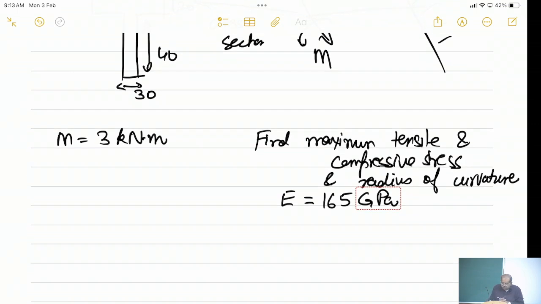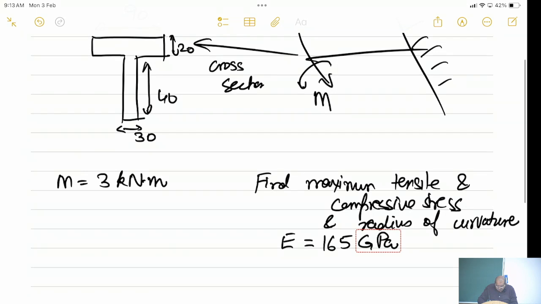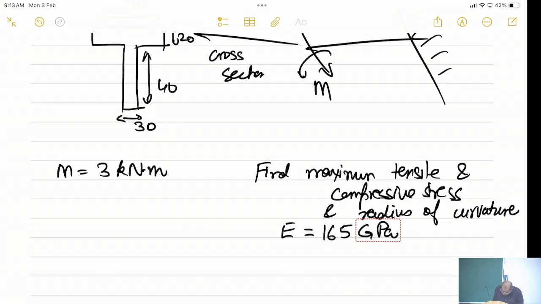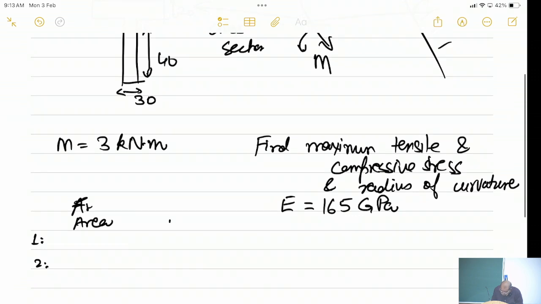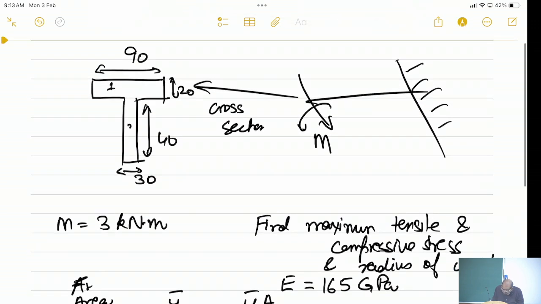Okay. So now, in problems like this, and that's why I wanted to do this, we basically make a table. We write section 1, section 2. So let's call this section 1, this section 2.